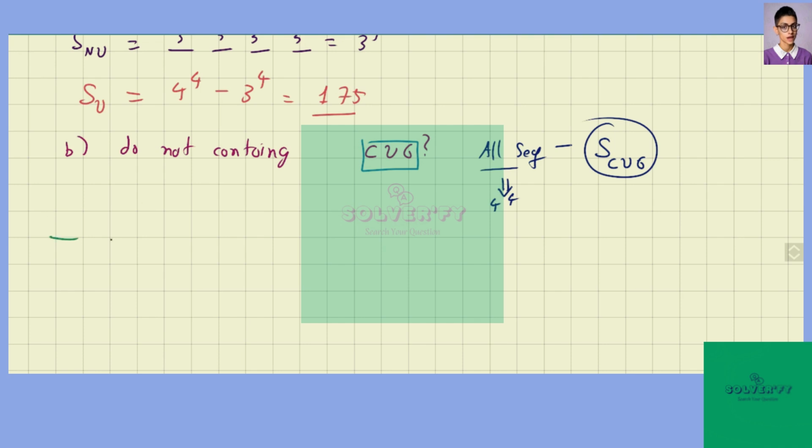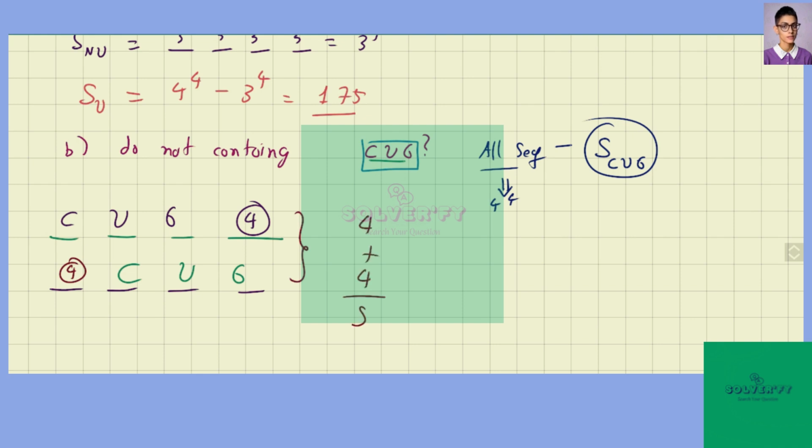So let's suppose that we have our 4-letter string, and we need the 3 consecutive letters. They can be in the first three positions, CUG, and we have one free place that could be any other letter. The other possibility is that these 3 consecutive letters are located in the last three positions, CUG, and in this case the first place is free of choice. So this results in 4 possibilities here plus 4 possibilities here, so we have 8.